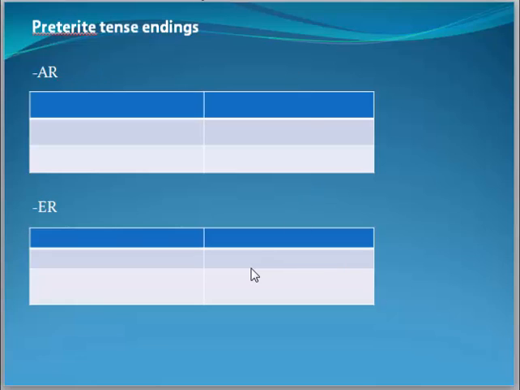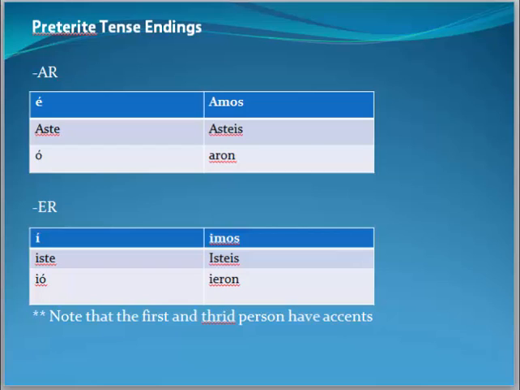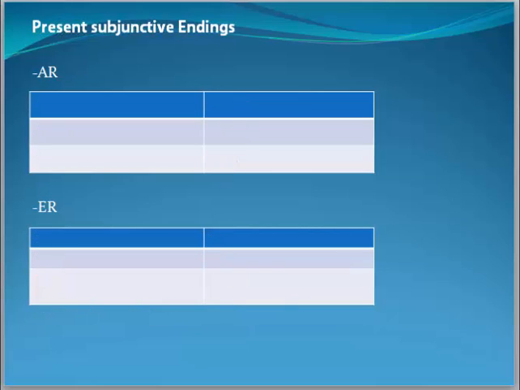Once that is completed, I will display the correct endings, which are hopefully the same as what the students have recalled from their prior knowledge. If there are no questions, I will then move on to the present subjunctive and again ask them to recall their previous knowledge about the present subjunctive endings.